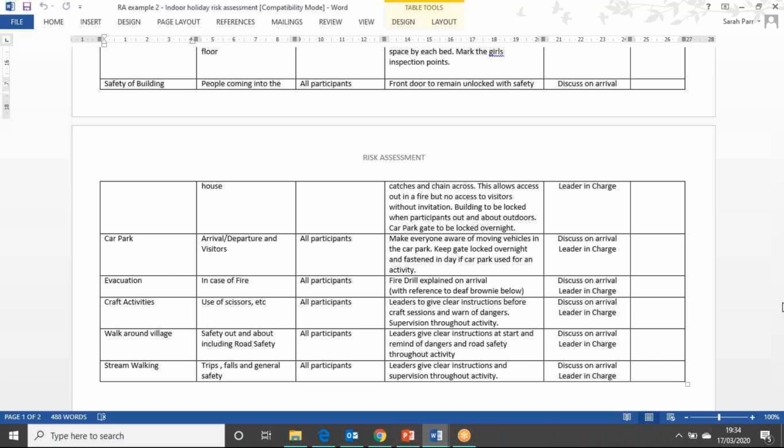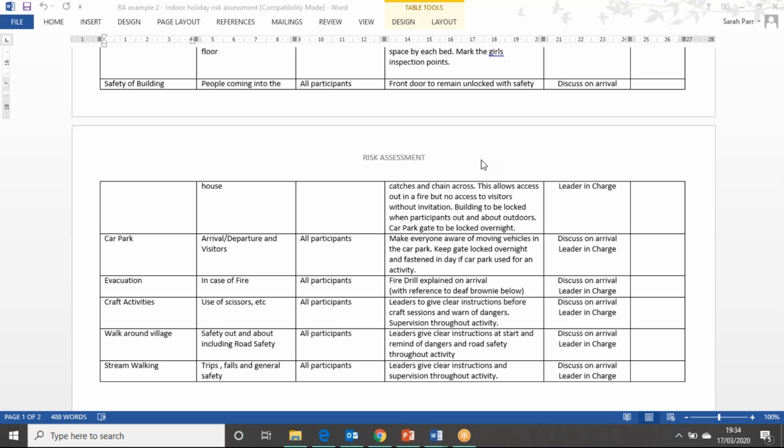Hi, I've got a quick question. Should we try and make it more specific so it's not just all participants? Obviously, the risk in accommodation might be different for the leaders versus the children. Yes, it could be, couldn't it? I wasn't planning on being on the top of any bunk bed to fall out. It's quite lazy just to put all participants.